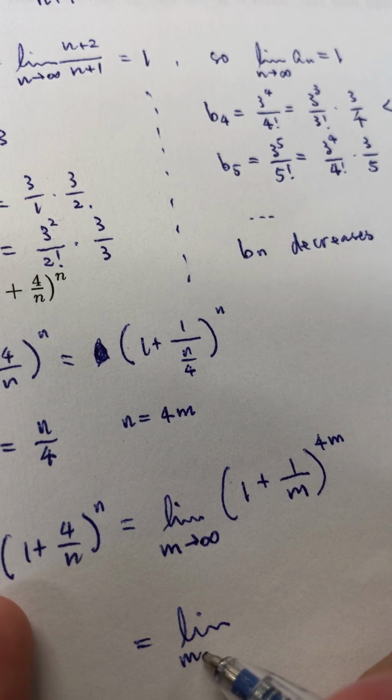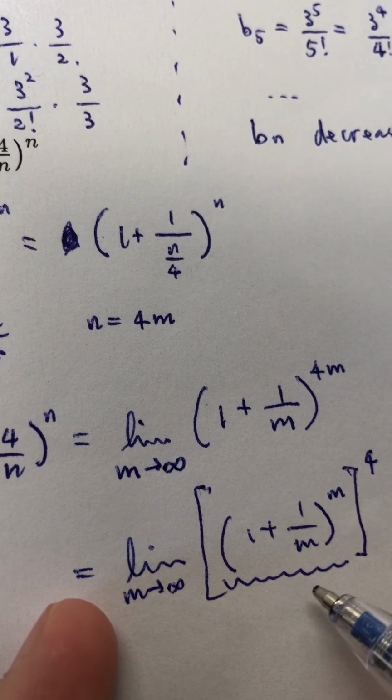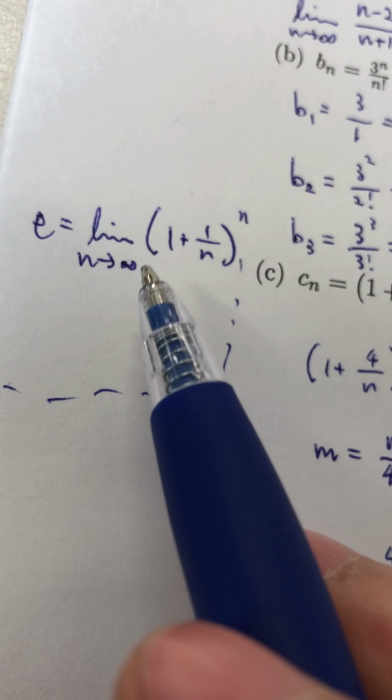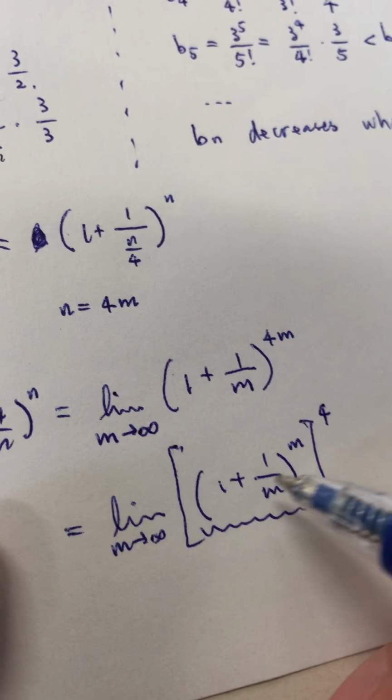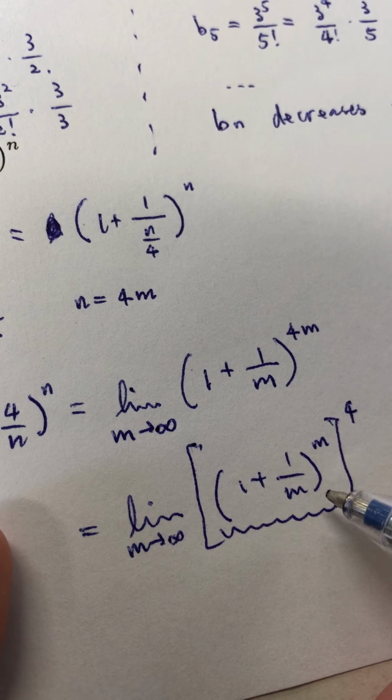Inside the bracket, the expression here has limit e, according to what we have here. So the limit of the whole expression is e to the 4th.